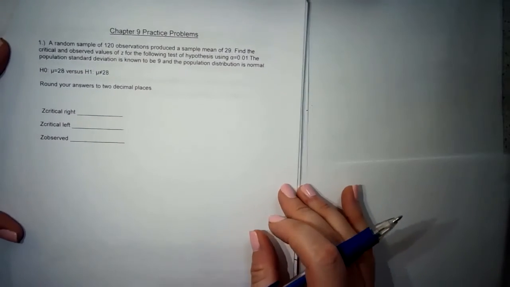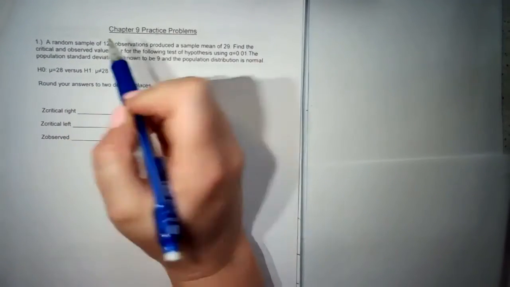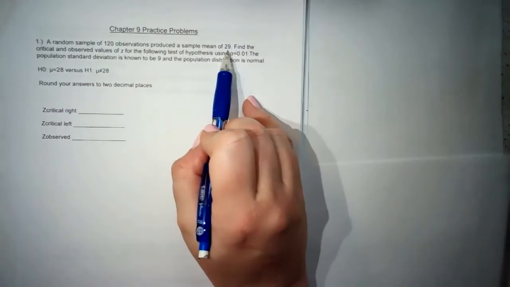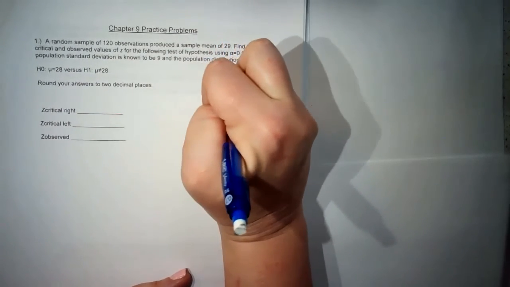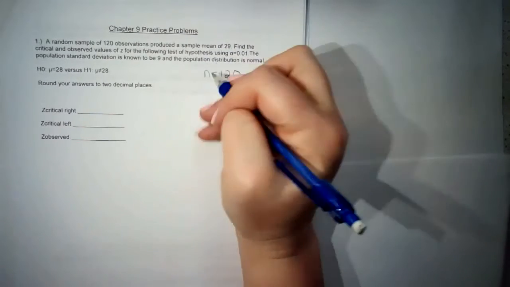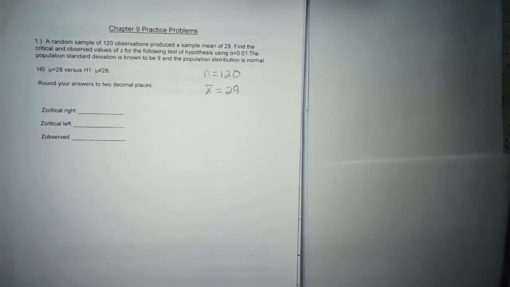So here we go. We have a random sample of 120 observations. It produced a sample mean of 29. So n is 120, and the sample mean is X bar. Chapter 9 is when the rubber hits the road.